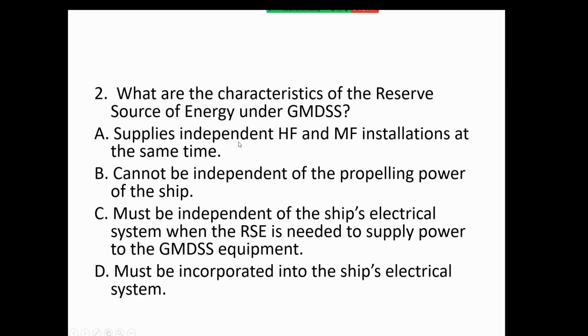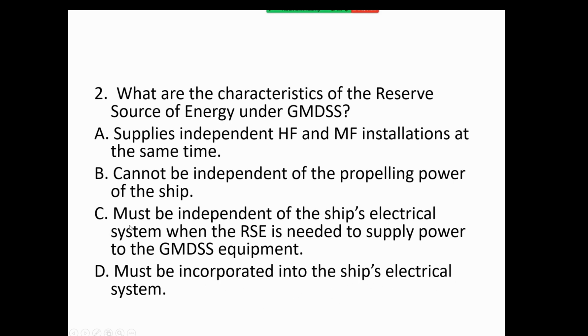All right, so we know that it's not A. B, it cannot be independent of the propelling power of the ship. Well, we just saw that it must be independent of the propelling power of the ship. Or D, must be incorporated in the ship's electrical system. No, we also saw that it must not be included in the ship's electrical system.